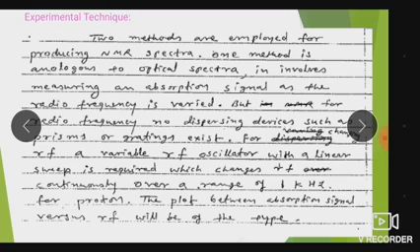For such change of RF, a variable RF oscillator with a linear sweep is required, which changes the RF continuously over a range of 1 kilohertz for proton.